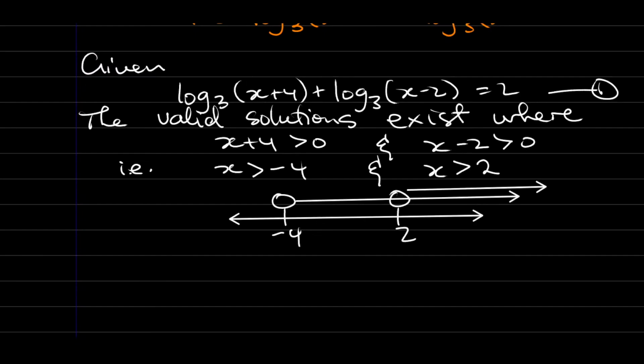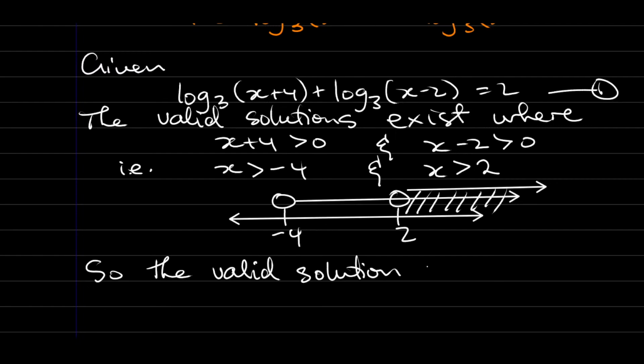So that means that we're going all the way over here. All right, so the valid solution region is x greater than 2, right?